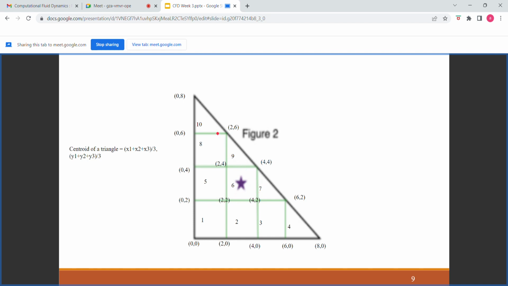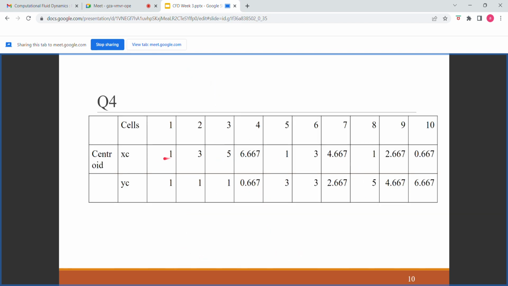There are 10 cells, and for each cell we have written different equations. We have seen how to write the equations by considering cell 1, cell 4 and cell 10. Before that, we need to calculate the centroid of the cells.